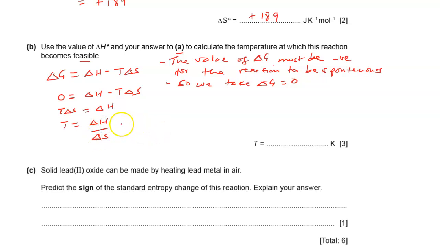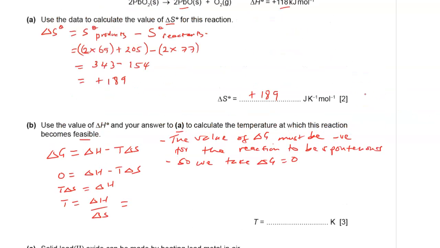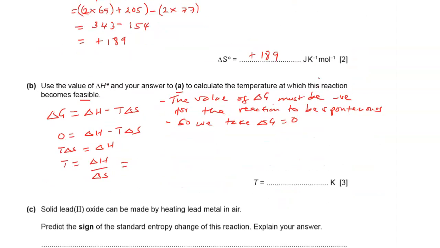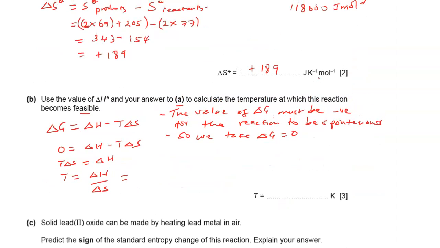And here we are given delta H. Delta H of this reaction is this. You must change this one into joules per mole. So this you multiply by 1,000, you get 118,000 joules per mole. So bring it over here.